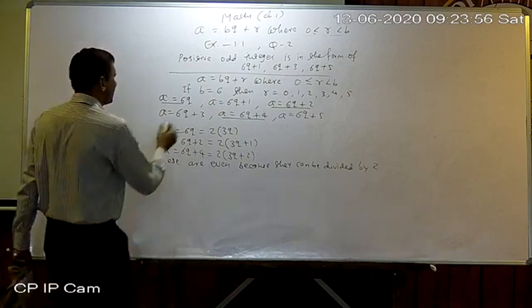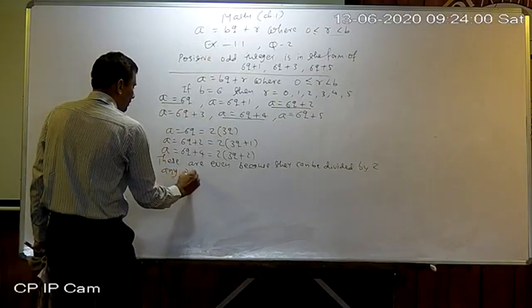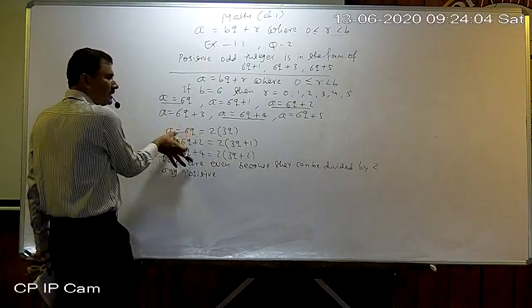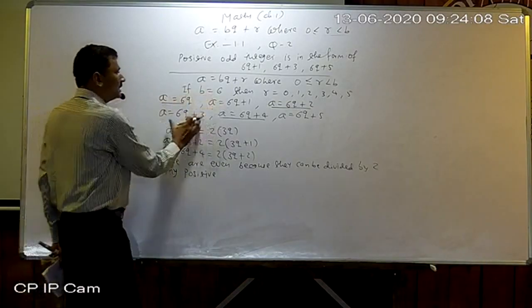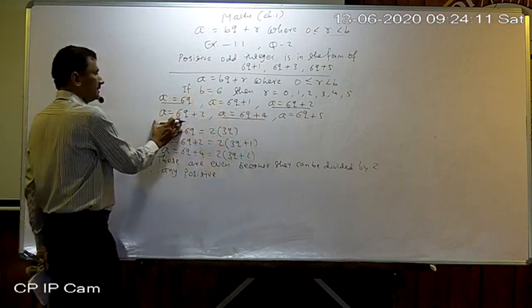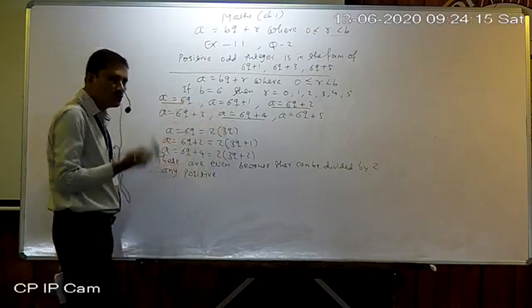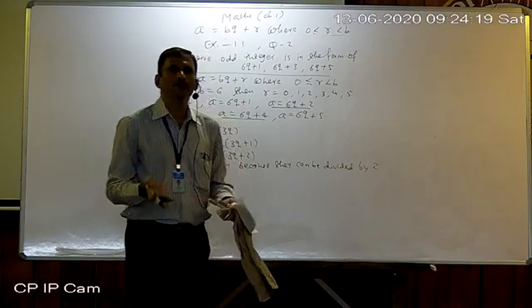Therefore now give the final answer. These 3 are deducted from all 6 expressions of the given positive integer. So whatever is left is automatically proved odd. If it is not even, then it is obviously odd.